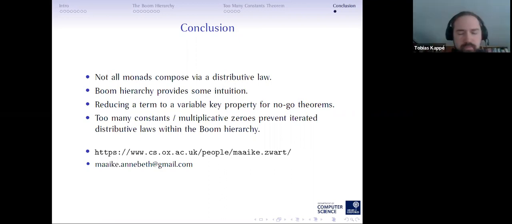Hello. Thanks for the talk. I have a bit of a question that might be tangential, but you talked about these monads composing into a new monad. What I'm wondering about is the other way around. Do we know anything about when a monad can or cannot be the result of a composition between two other monads?